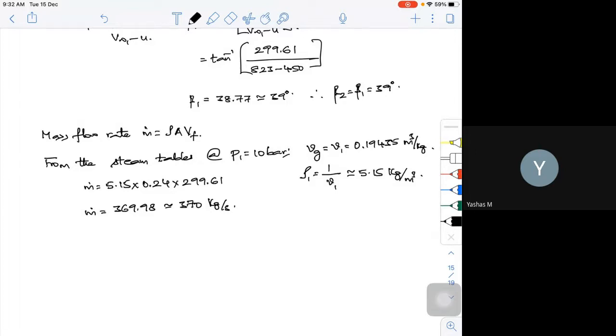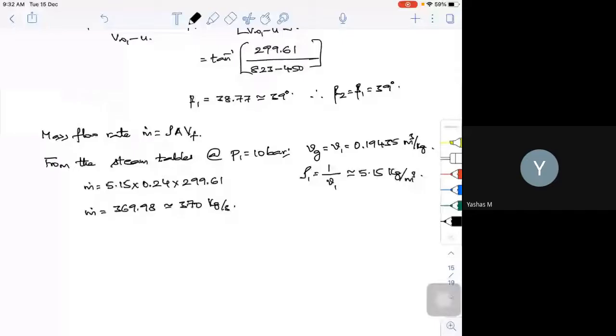If this had been air, I would use the PV is equal to mRT equation for density. But for steam, use the steam tables and note down the value of the specific volume. If it is superheated, I should look into the superheated table.